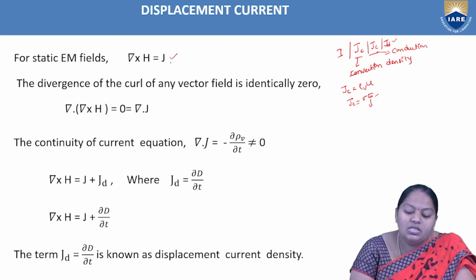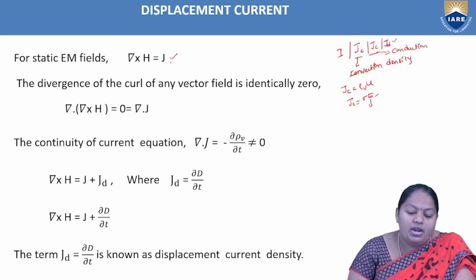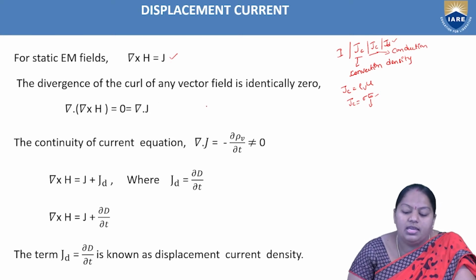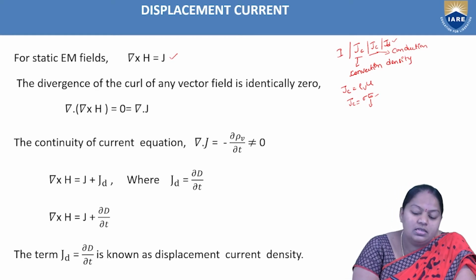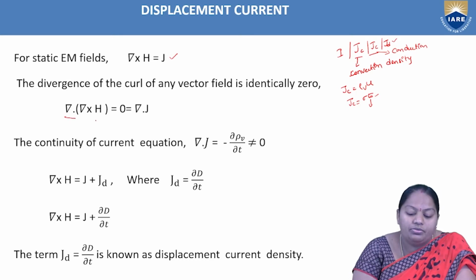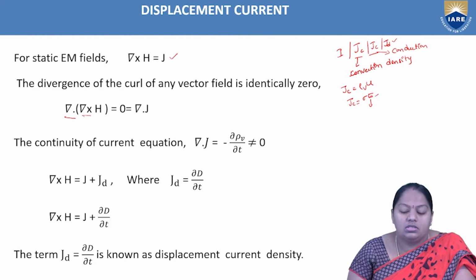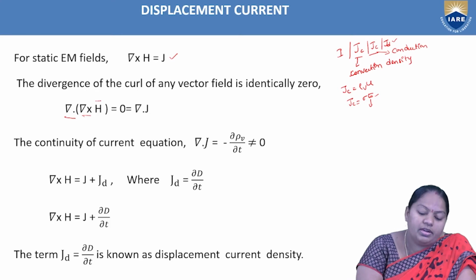From this equation, we consider one of the vector identities: the divergence of the curl of any vector field is identically equal to 0. The divergence is represented with del dot, and the curl with del cross of any vector field, where H is always a vector.